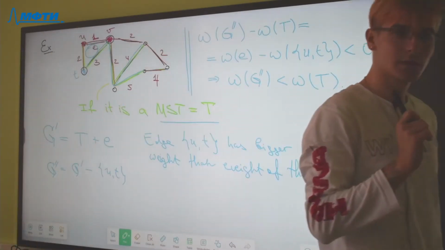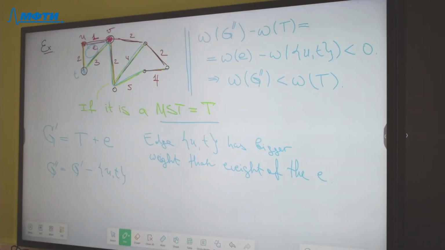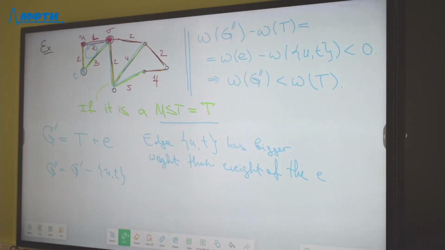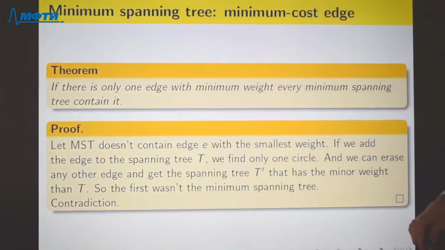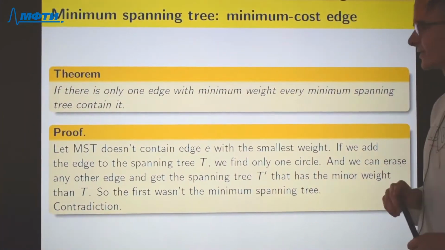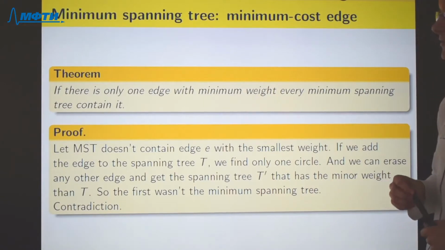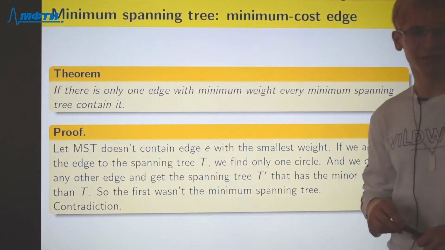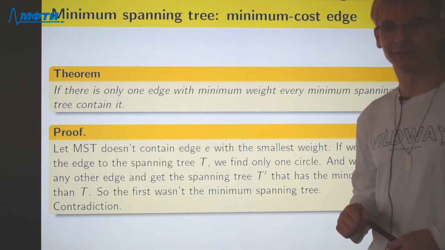But yeah, this theorem is available even when the graph is directed. If the graph is directed, it is an interesting question. Firstly, we need to understand what the minimal spanning tree of the directed graph is.